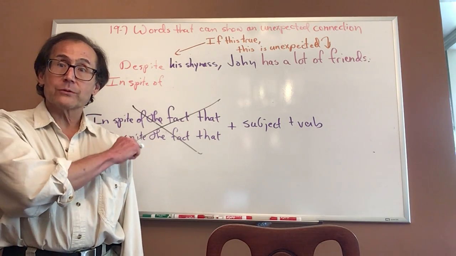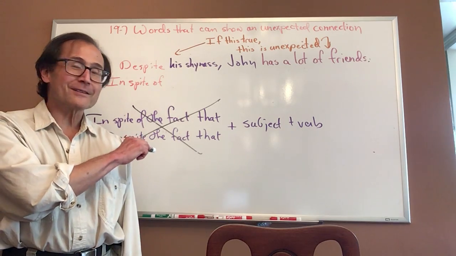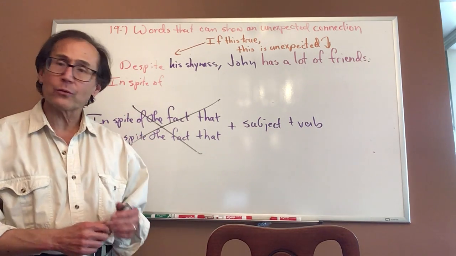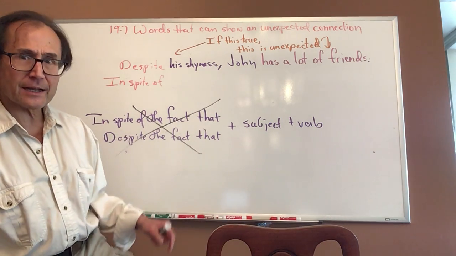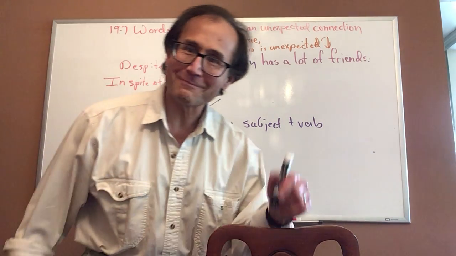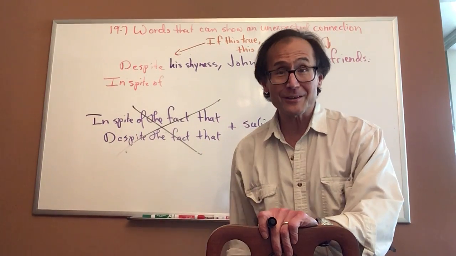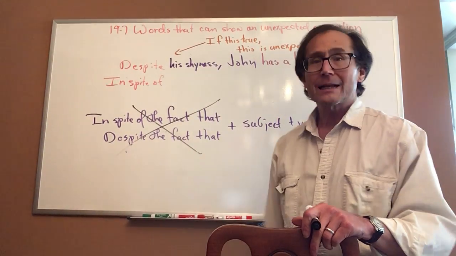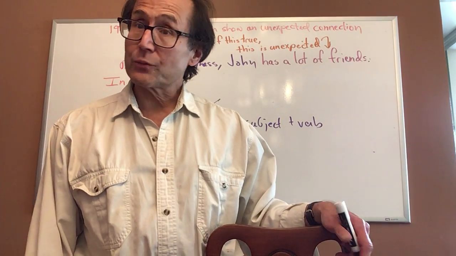So I was always taught that this is bad writing because it just uses more words than you need to say. If you want to say in spite of the fact that, say although. That's my opinion. Your book says something different. But that's my suggestion. And I think that's where we'll end this.